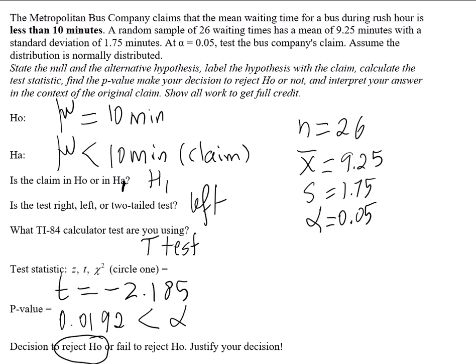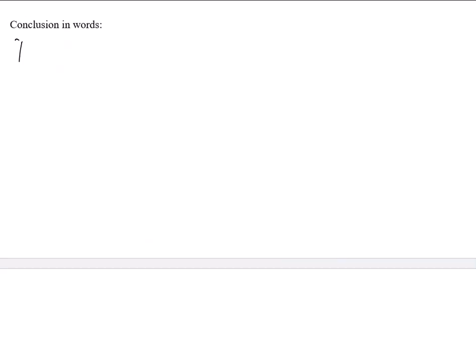Now we're going to write the conclusion in the context of the claim. Let's do that. When you reject H0 and your claim is in H1, so you reject the first one, that means the second one must be good. So you support the claim.